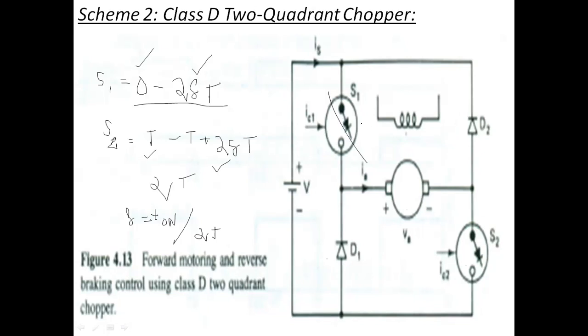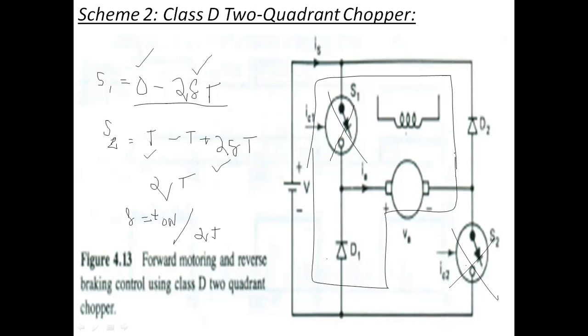The armature current will flow through D2, V and D1 through the armature. As the current is in the reverse direction, VA is equal to minus V.